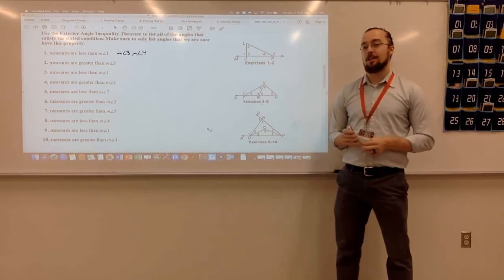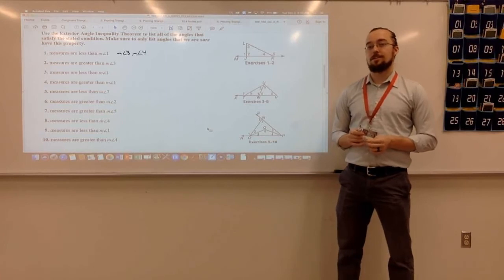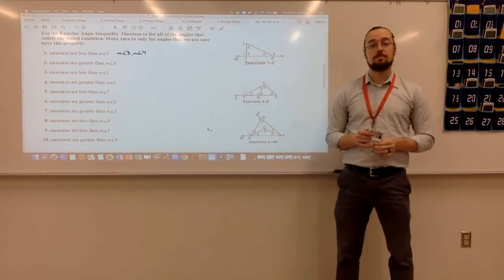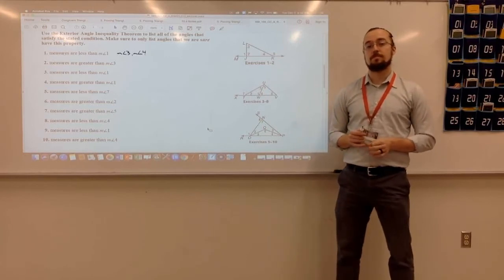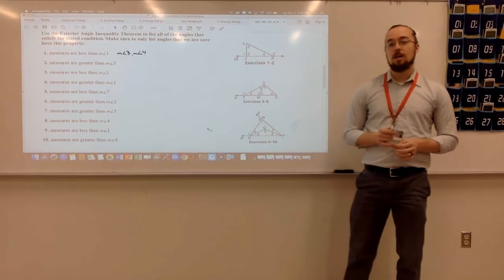I was thinking because 1 is greater than 2, so it has to be, and those are smaller, so 2 has to be greater.